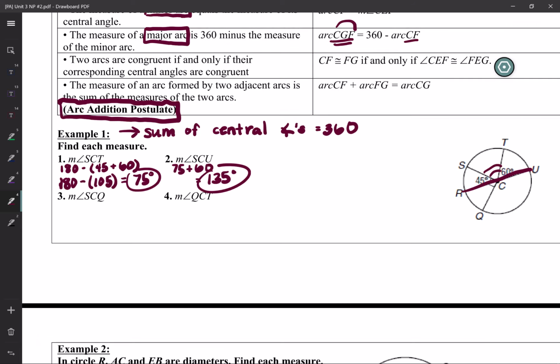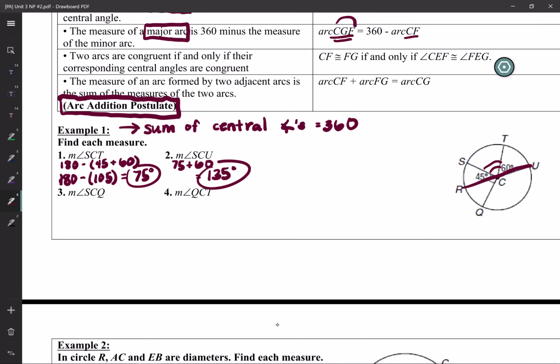And then angle SCQ. The original diagram shows that this full angle is 90 degrees with that little box, so I don't need to do any calculations whatsoever. And then for QCT, I just add this 90 degrees and the 75 together, which gives me 165 degrees.